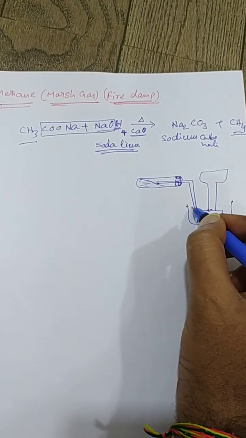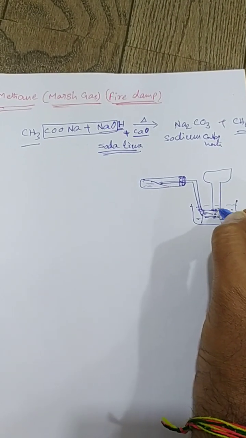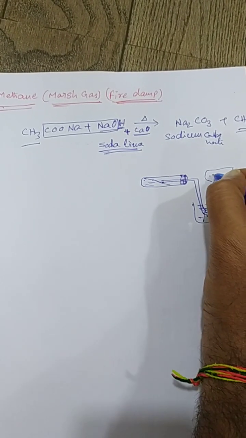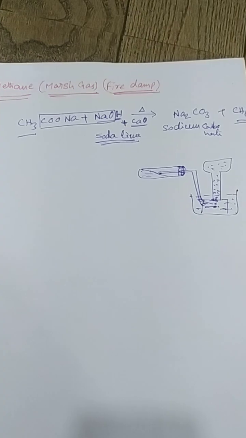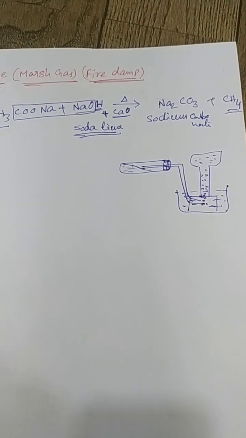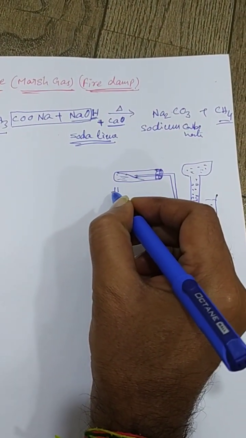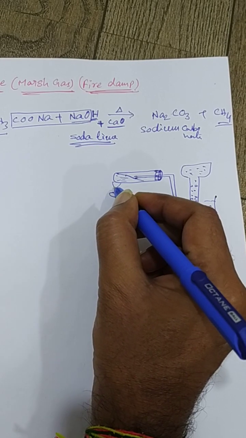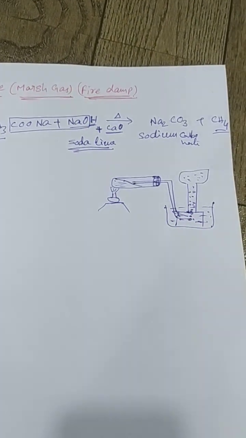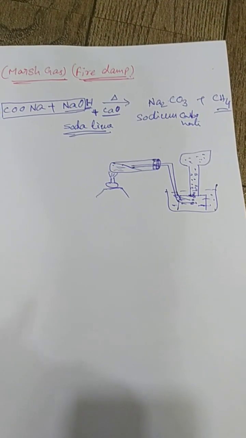Here the methane will bubble and accumulate. You need to heat the test tube here. This is the easiest method where you can get methane very easily.